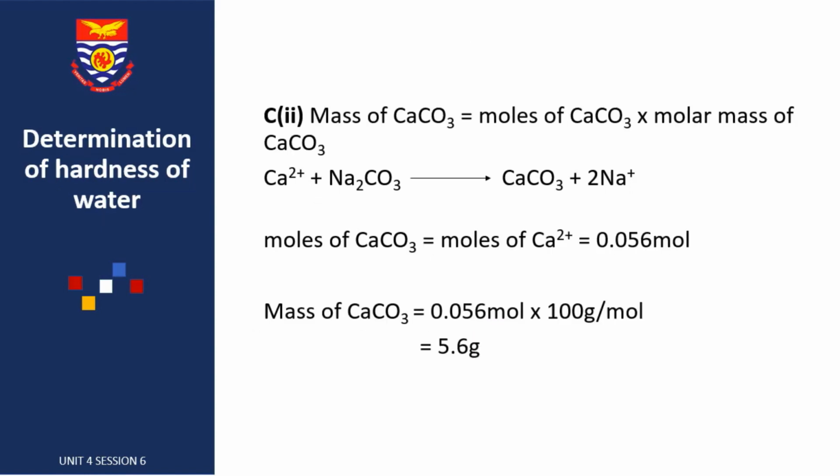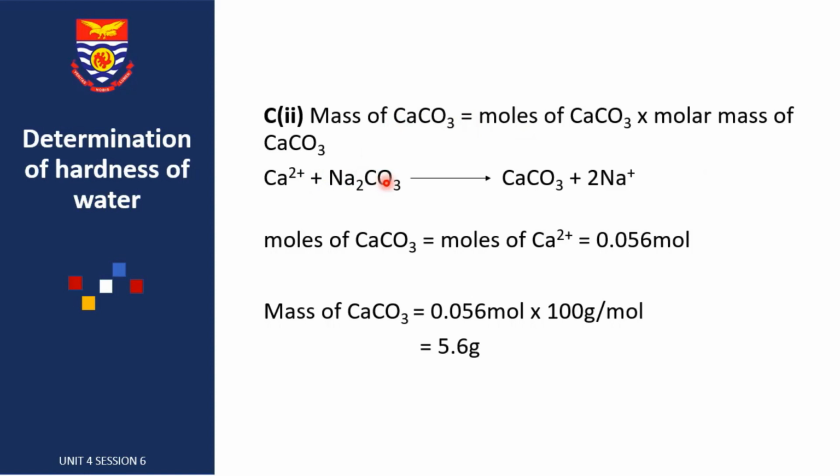The next is to find the mass of the calcium carbonate. So that same equation, but this time around we are going to relate the ions to the carbonate, not the calcium carbonate. Alright, so the mole ratio is the same. We could have still related the sodium carbonate to the calcium carbonate and we'll still get the same thing.